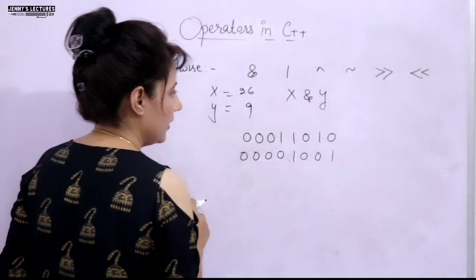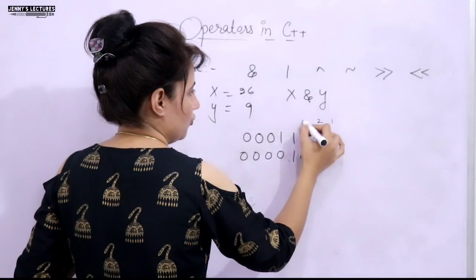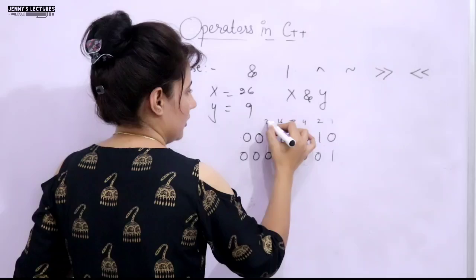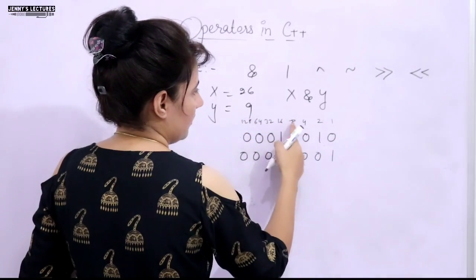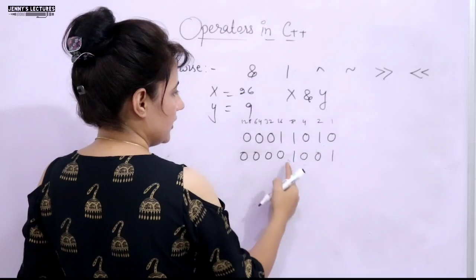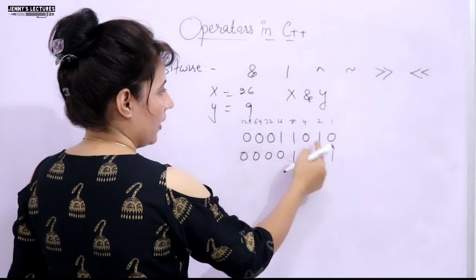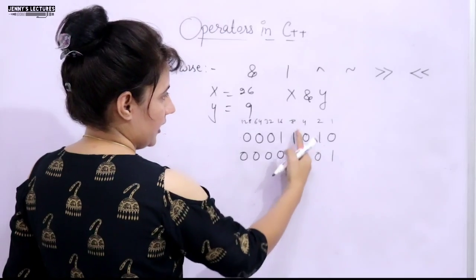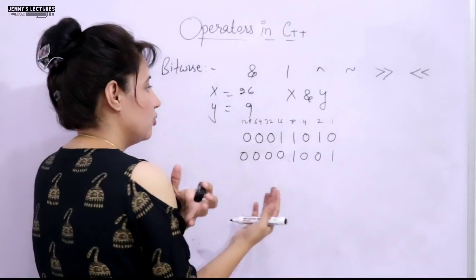How you can translate: write 1 2 4 8 16 32 64 128. 16 plus 8 plus 2 would be 26. Under these places we have 1, and 8 plus 1 is 9, so we have this. I hope you know how to convert decimal into binary.